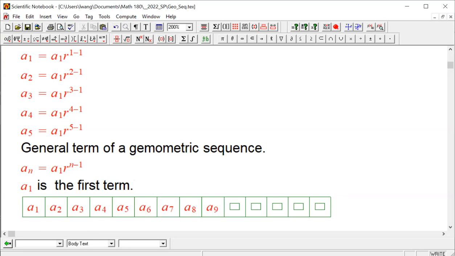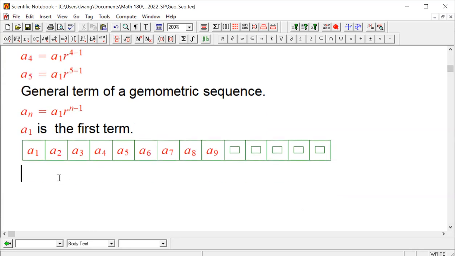Example number 1. If a is 3, r is 2. So the first term is 3, and the common ratio is 2.